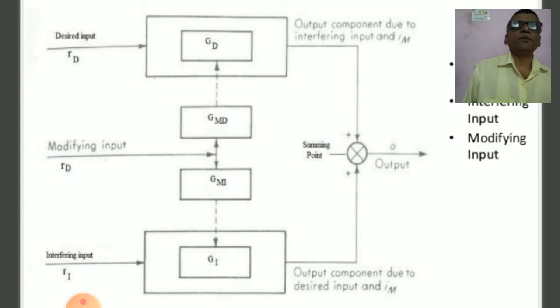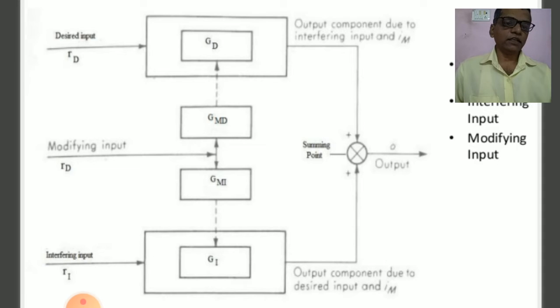At the top there is an output component due to desired and modifying inputs, and at the bottom there is an output component due to interfering and modifying inputs. The circle with a cross in it represents the summing point.